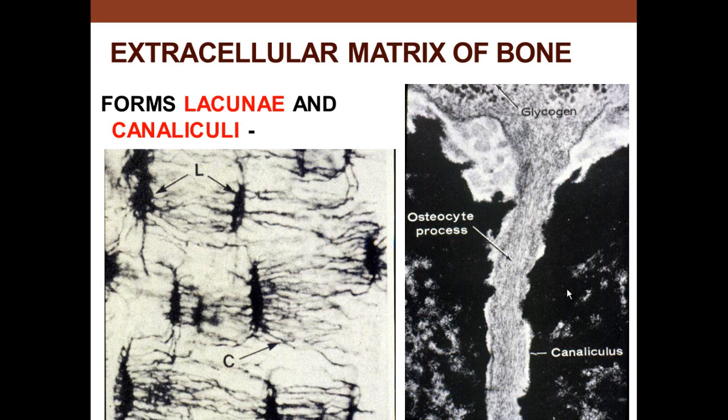So in order for osteocytes to be able to get nutrients, they maintain connections to adjacent cells, and the extracellular matrix is laid down around it, with the type 1 collagen as well as calcium deposits. But there's a little hole. The lacuna or space continues on so that they keep connections to the adjacent cells, and the deposit is deposited around them, so the space extends from one cell to another cell, and we call these canaliculi.